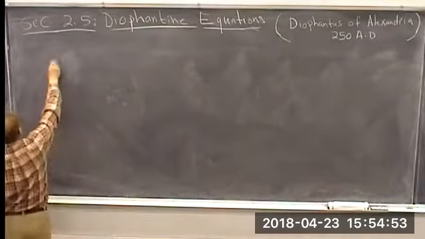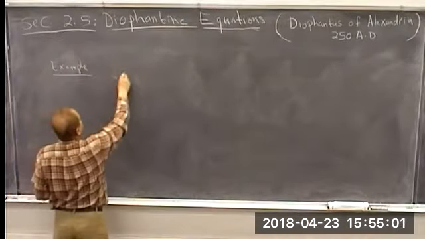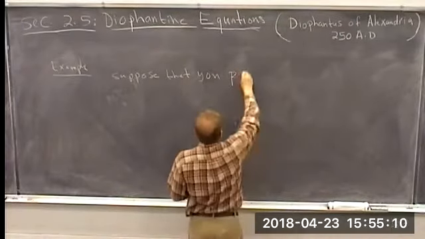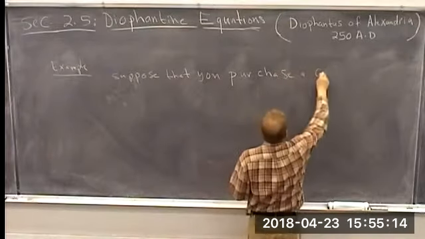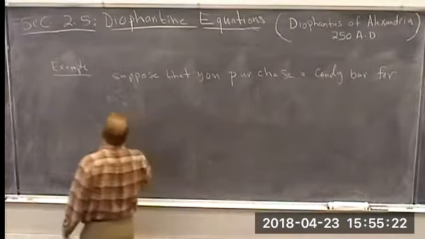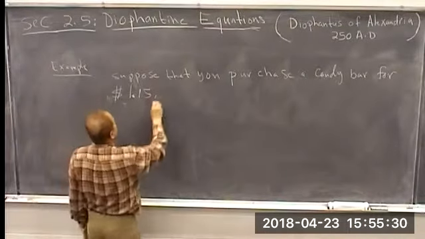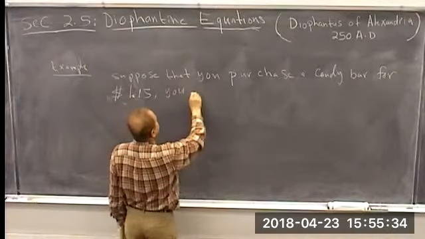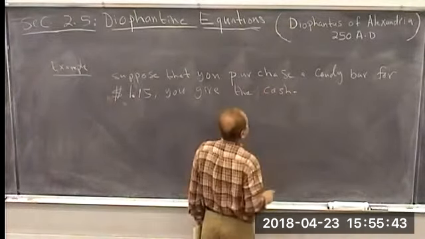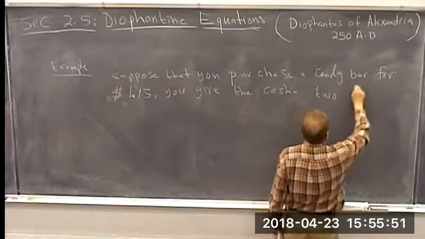Suppose, here's another example. All right, so suppose you purchase a candy bar for $1.15, okay, and you give the cashier $2, two $1 bills.